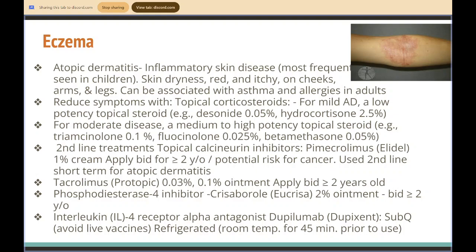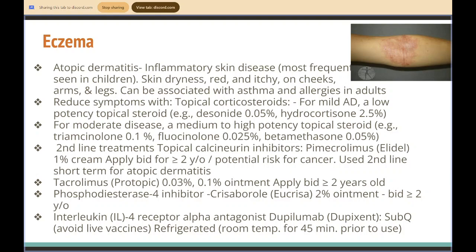Steroids as a class is very high yield, and knowing the different types and then the different potencies and their percentages are important for you to know. So for moderate disease, you have medium to high potency topical steroids such as triamcinolone 0.1%, fluocinolone 0.025%, and betamethasone 0.05%.